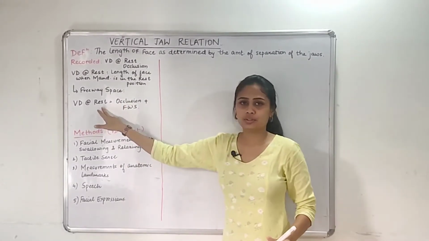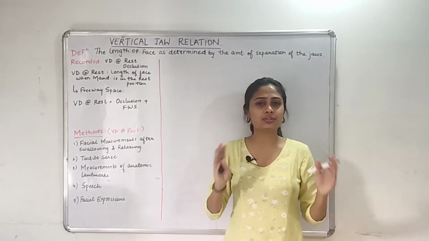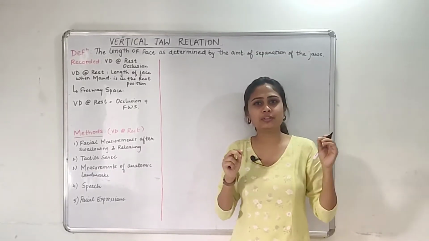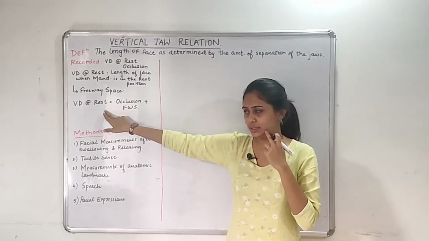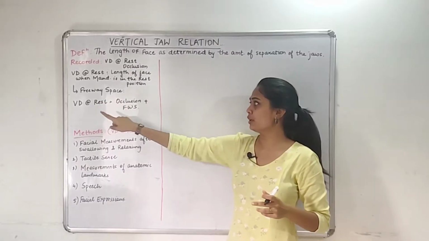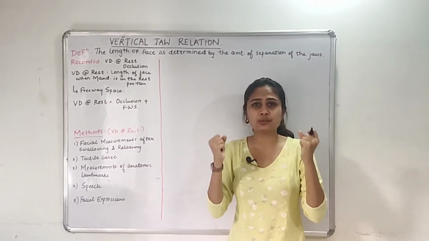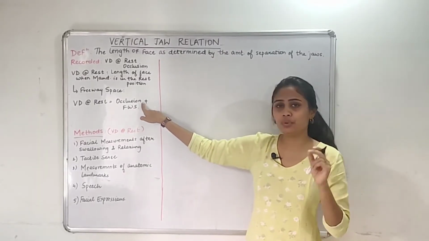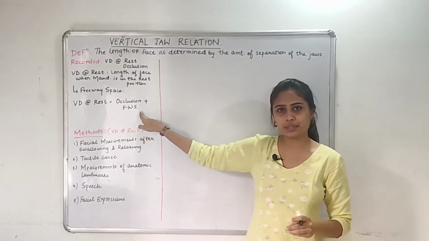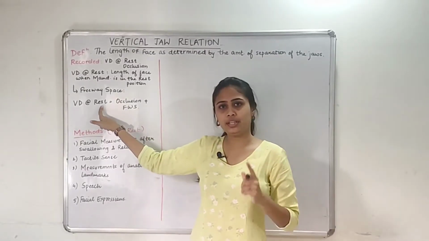When the teeth are in maximum contact, when you clench your teeth, that is VD at occlusion, and when you add the freeway space, that is 2 to 3 mm, and it differs in different cases, we get VD at rest.